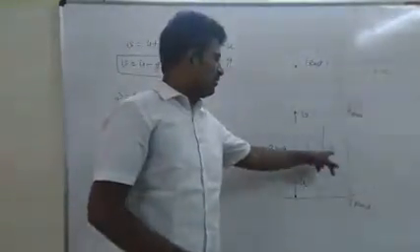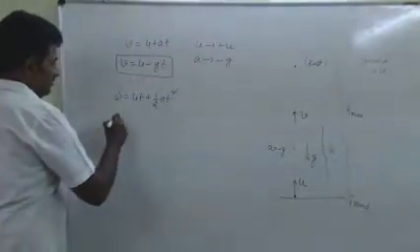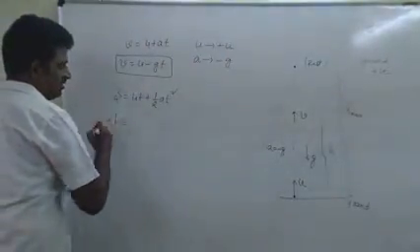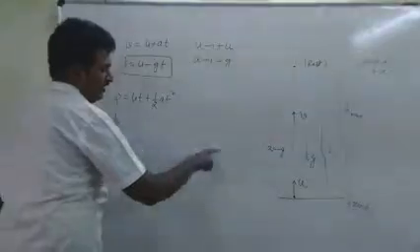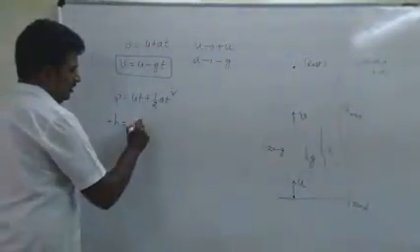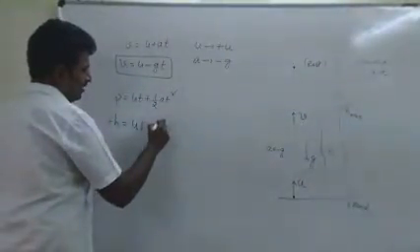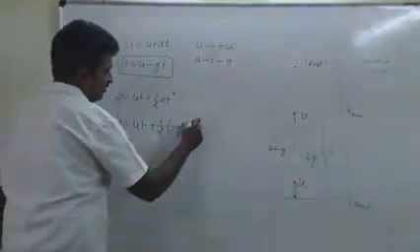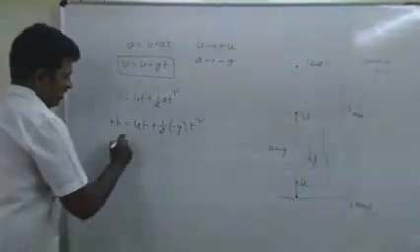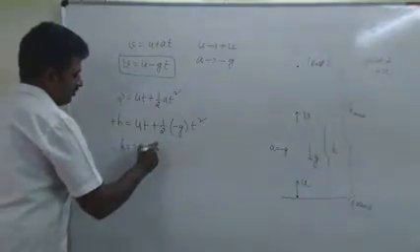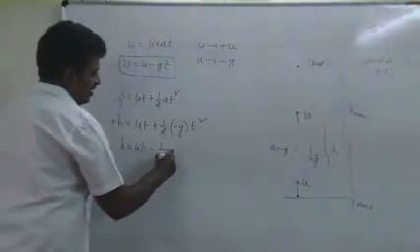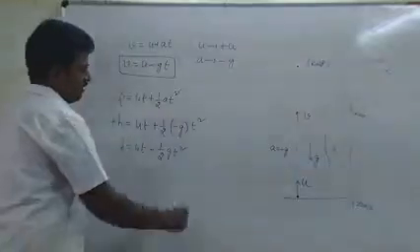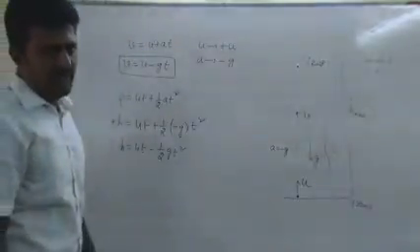So I have to substitute in place of s plus h. Plus h is equal to, in place of u I have to substitute plus u into t plus half into acceleration, which will be minus g, into t square. This implies h is equal to ut minus half g t square. This is how the equation will come out.